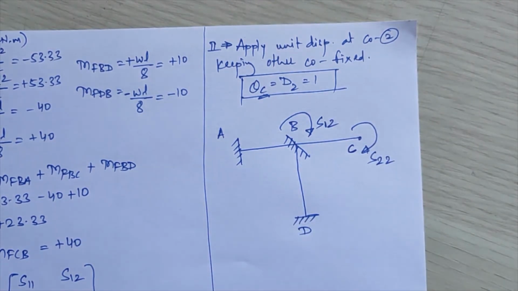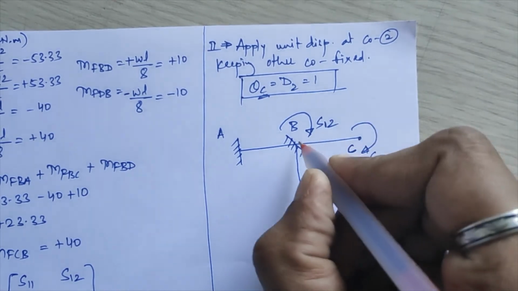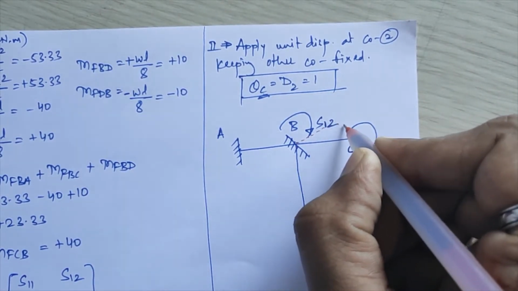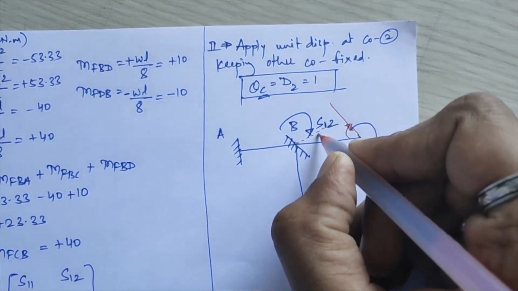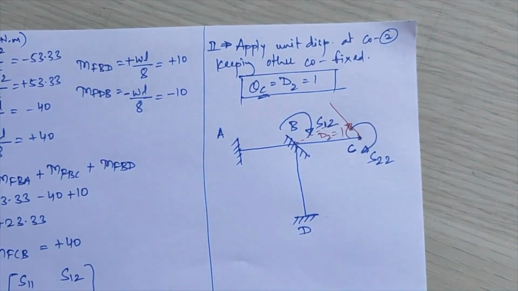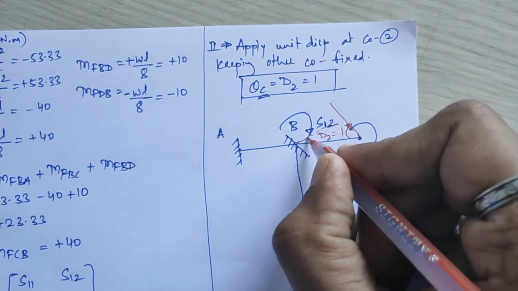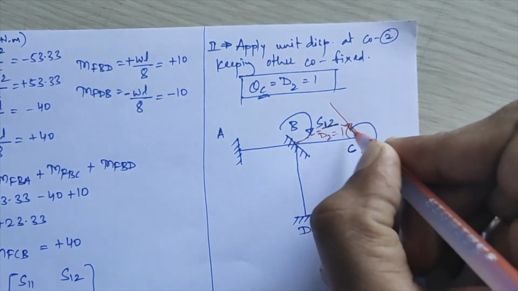Okay, now we will see the displacement pattern for this. Along joint C, you are having a clockwise rotation of S of 2 2, so it is originating from the upward side, so it will follow an upward path which will have this d2 is equal to 1 there. Okay, which will show this displacement pattern in the upward direction.